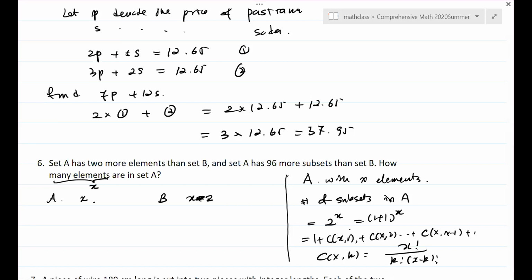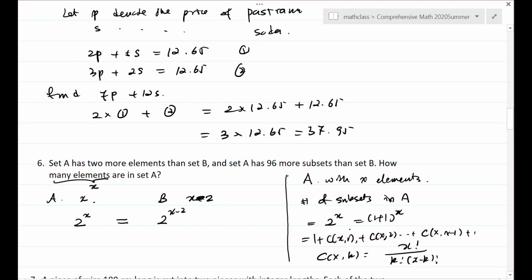Got it. Set B has x minus 2 elements. So set A has 96 more subsets. The number of subsets of A is 2 to the x, and here it's 2 to the x minus 2.